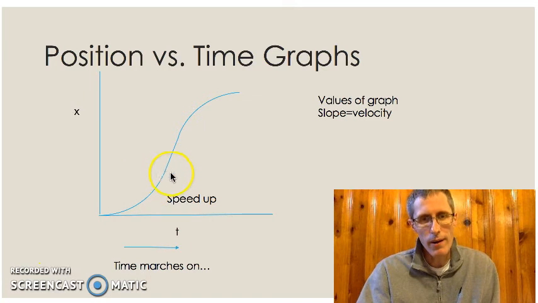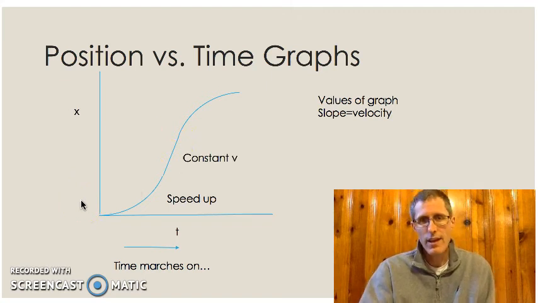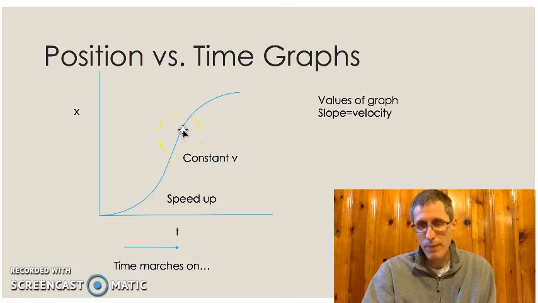Now for the second part, the slope remains a constant. It is the same steepness all the way up. Therefore, it must be going at a constant velocity, since the slope is the velocity. And finally, now, as time marches on, you have a very big slope right here. It's very steep. And then as time goes on, the slope is getting less and less, which means your velocity is getting less and less.